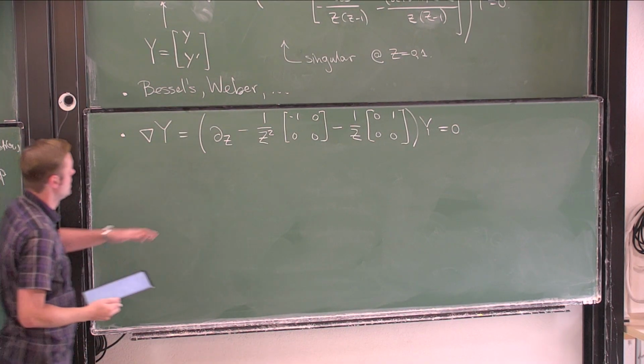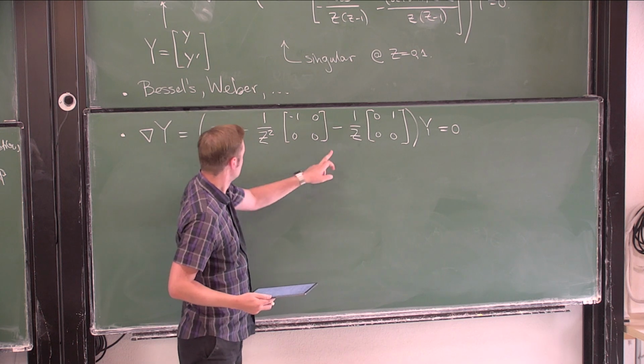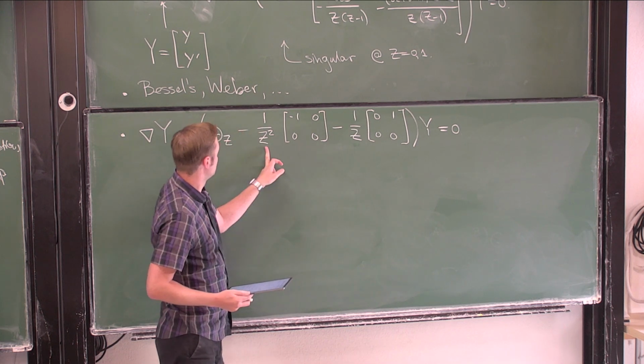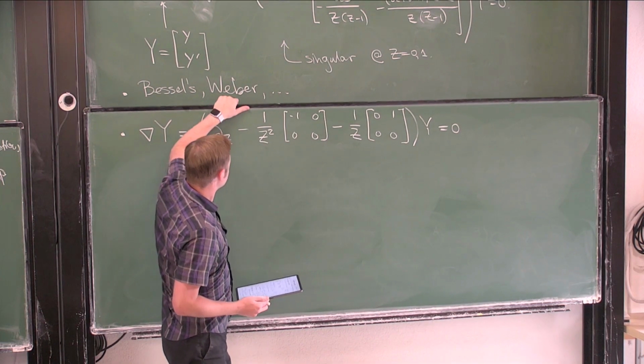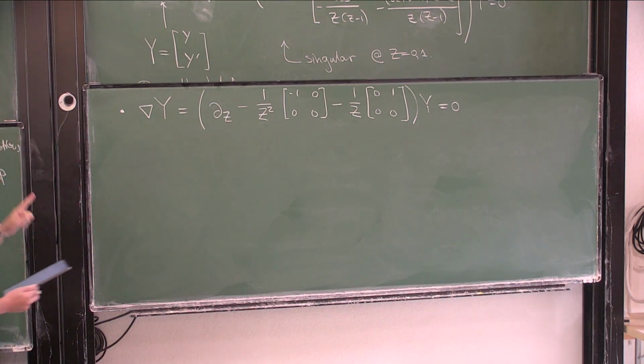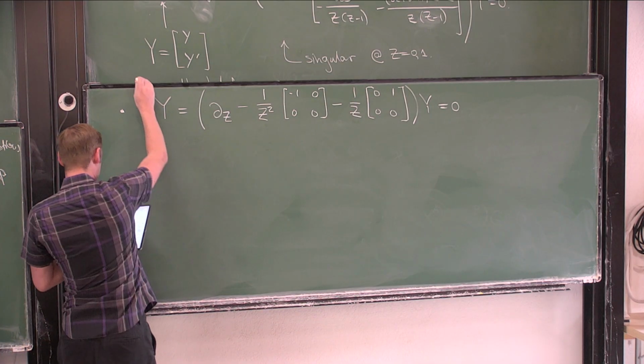So this one, you can see, has a first order pole, but more importantly, it has a second order pole. Anyway, this example in particular will be very, very important to us tomorrow, so we'll return to it.